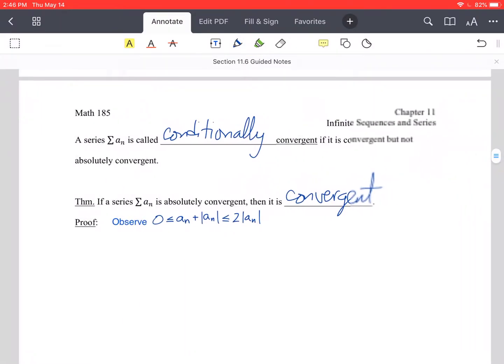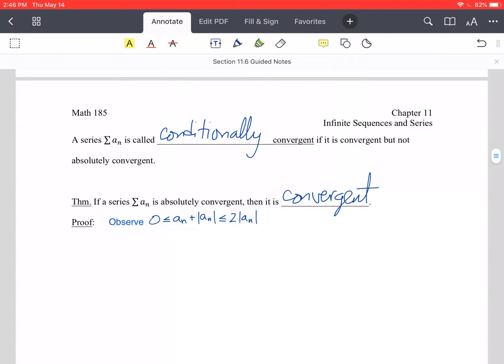So think about that for a second. If we take the series plus its absolute value, that's going to be greater than or equal to 0, but less than or equal to 2 times the absolute value.